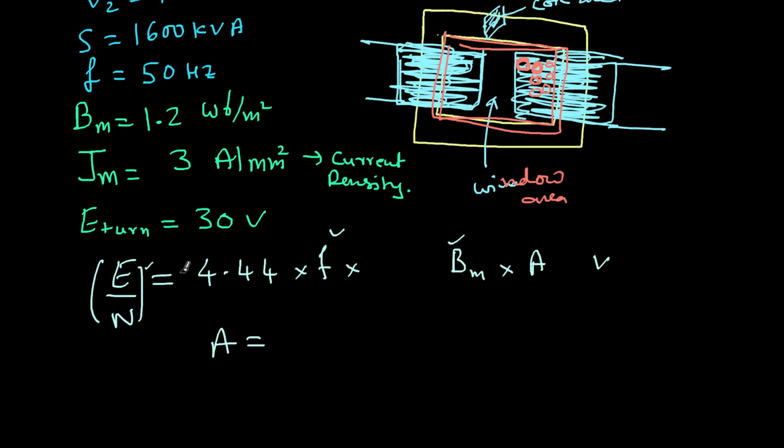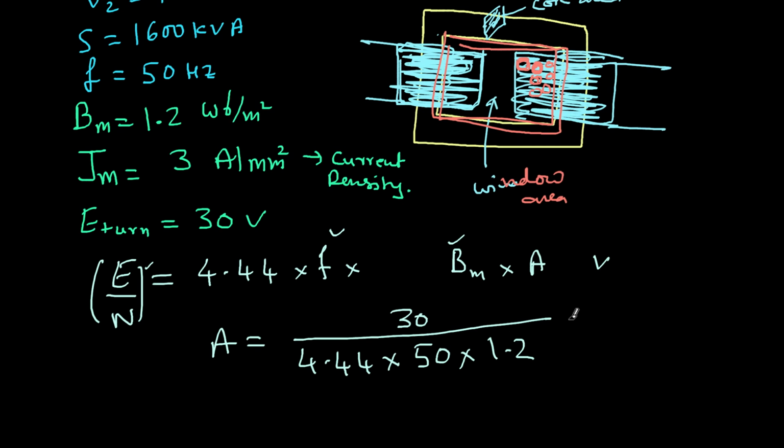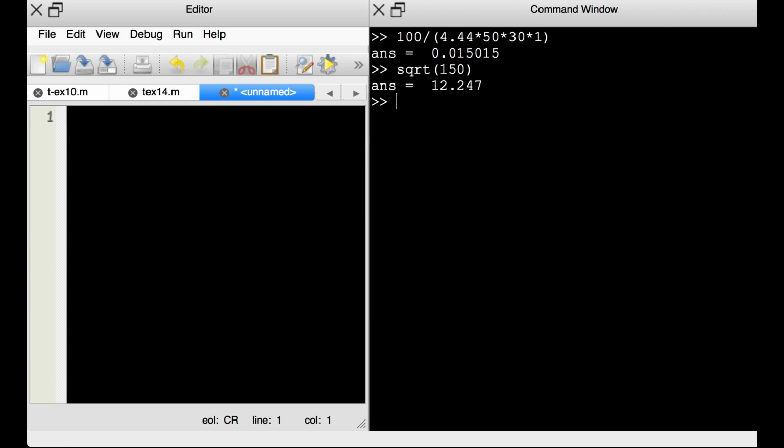So area of cross section will be E by N, which is 30, divided by 4.44 and frequency 50 and maximum flux density 1.2 Tesla, that is allowed. So this will give me the area of cross section of the core. So let's do that calculation.